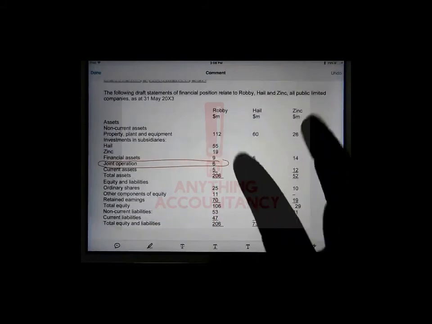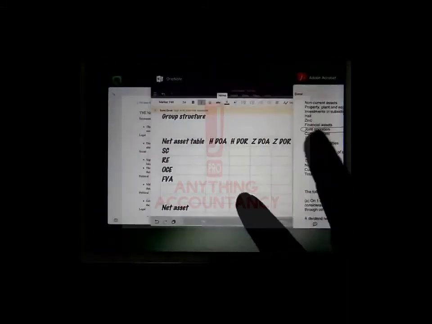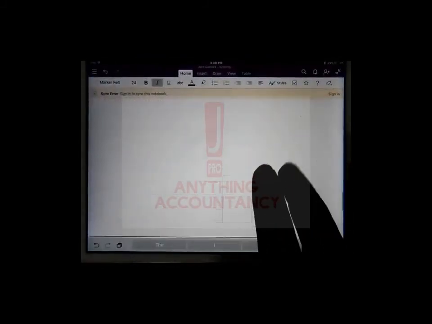You read the question. Looks like Robby has both Hail and Zinc, so basically there's no sub. So you can go straight in.